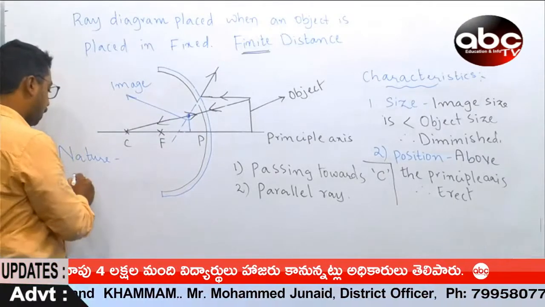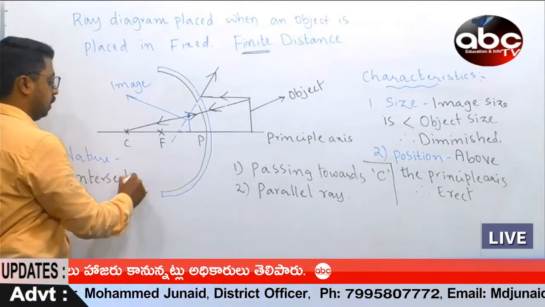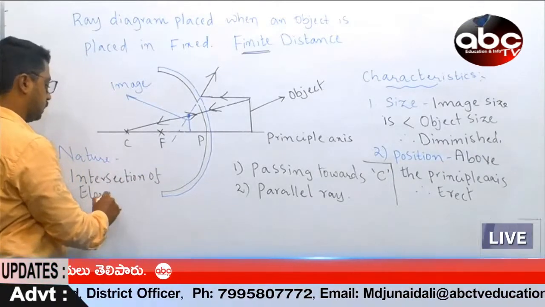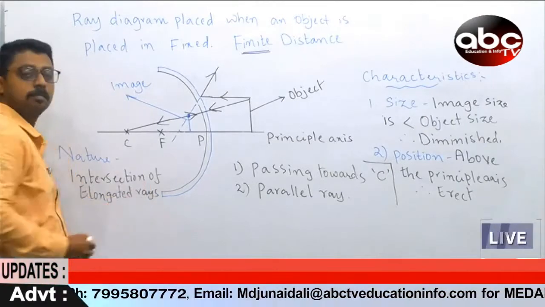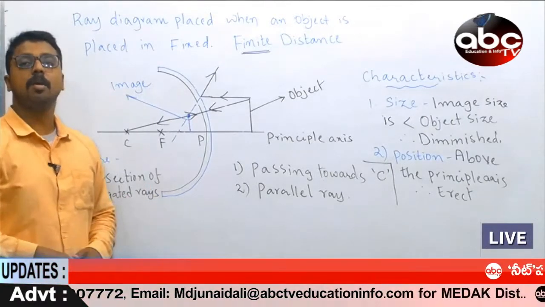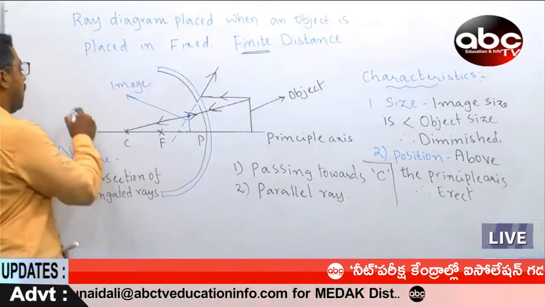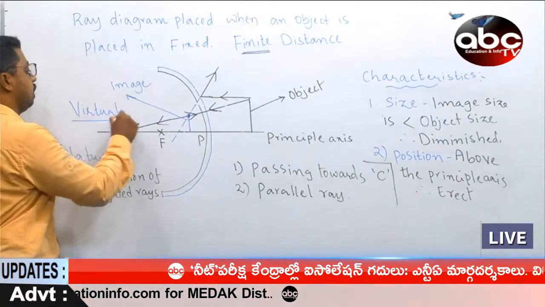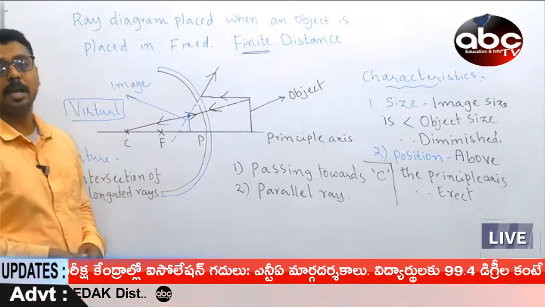Therefore, it is formed by the intersection of elongated rays, and so it is called a virtual image.